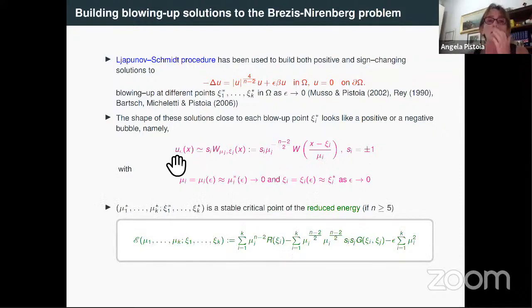The shape of the solution around each blow-up point is nothing but a bubble, as before. Here you see the profile around the blow-up point xi is the bubble, whose concentration parameter is mu i, and whose concentration point is the point xi.